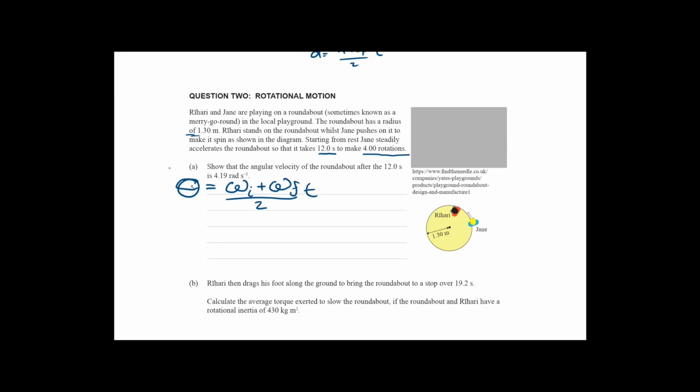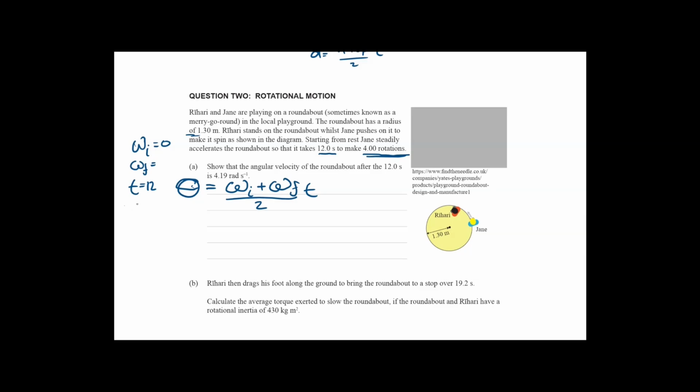So omega i, it starts from a stop, so omega i is 0. Omega f, well, we don't know if it's 4.19, but we need to prove it. The time is 12 seconds, and the amount that it's gone around is 4 rotations.